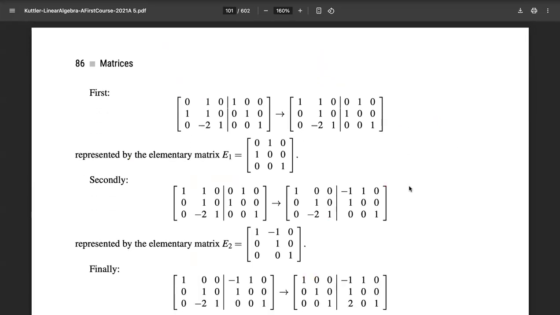So yeah, this is AI. The first thing that they do is they swap the first and second row, so they represent that by this row matrix. And then what they do is they subtract row 1 from row 2. So we have negative 1 times row 2 plus row 1, and that's represented by the elementary matrix E2.